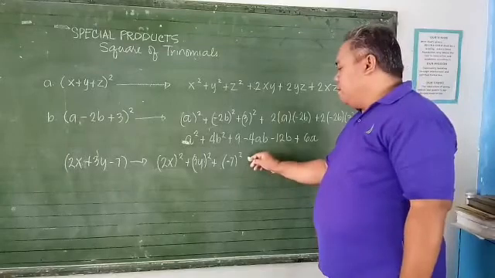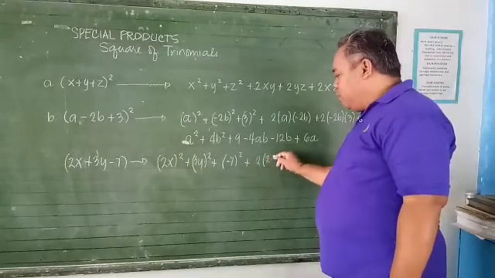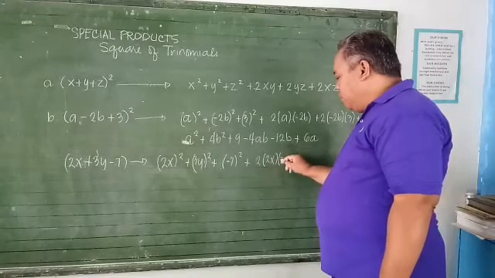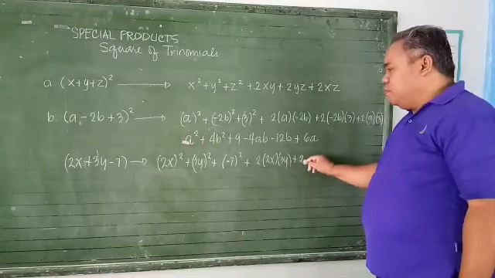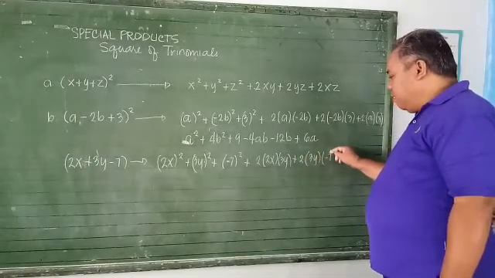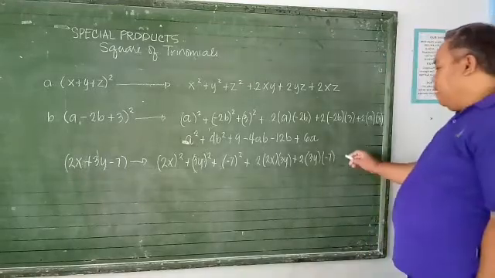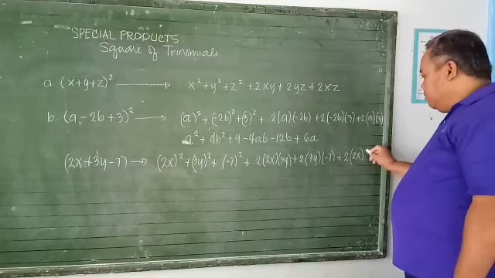And then plus 2 times 2x and 3y. Then plus 2, then 3y minus 7. And then plus 2, then 2x minus 7.